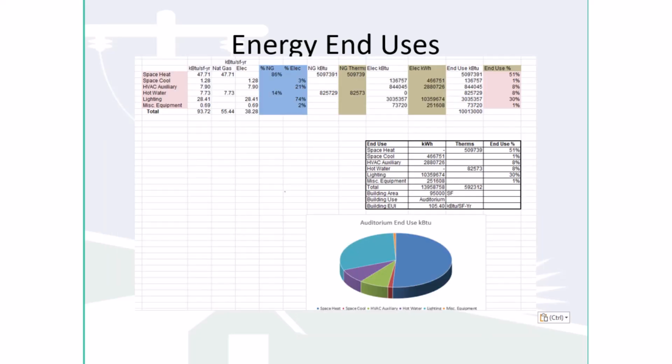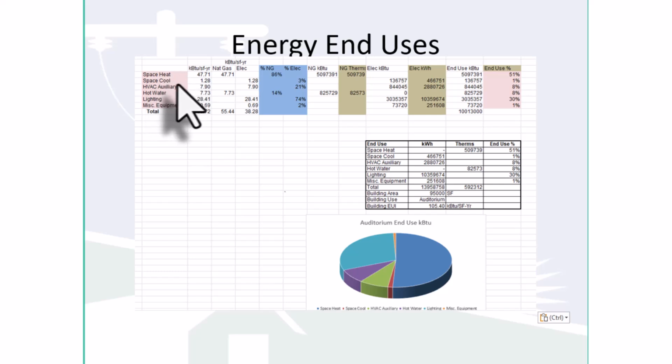Another useful tool, but beyond the scope of this course, but something I wanted to show you, is subdividing the energy end uses into more specific categories. In this case, we took an energy audit and we took the utility data, and then using some data from other resources, we were able to allocate where the energy use goes by usage.